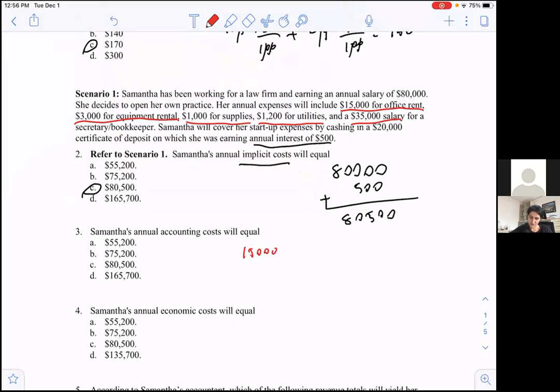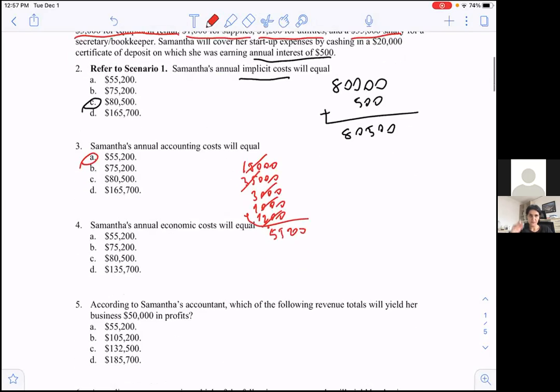Okay, 15,000, 35,000 salary of the bookkeeper, 3,000 for rental, 1,000 for supplies, 1,200 for the utilities. Okay, so this is 55,200. Okay, so this is option A.